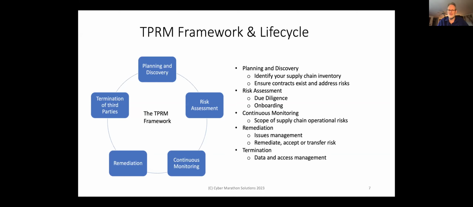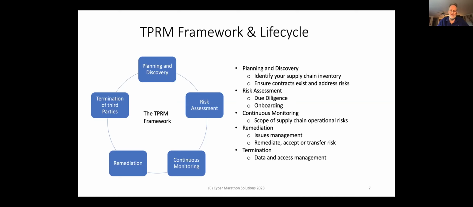A business just accepting risk may be accepting risk not on behalf of their business unit, but on behalf of the company. And that puts us in an unacceptable position. So remediate, accept with compensating controls, and transfer risk through cyber insurance, for example, where that's an option.